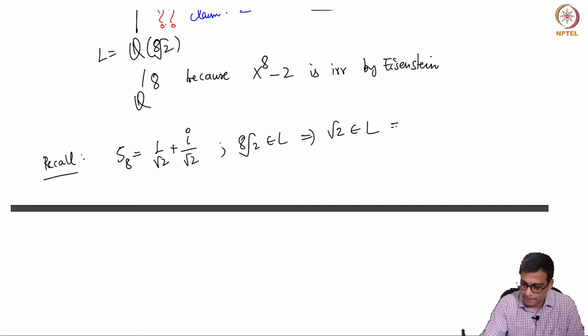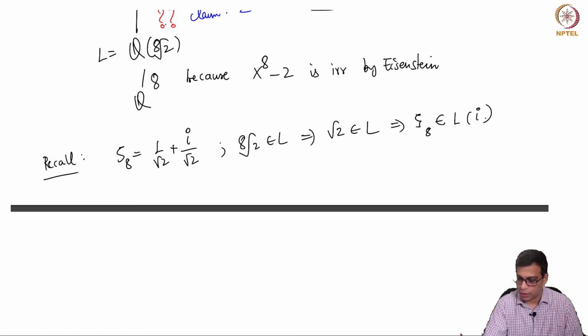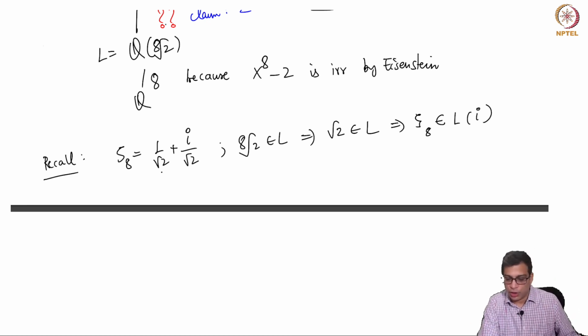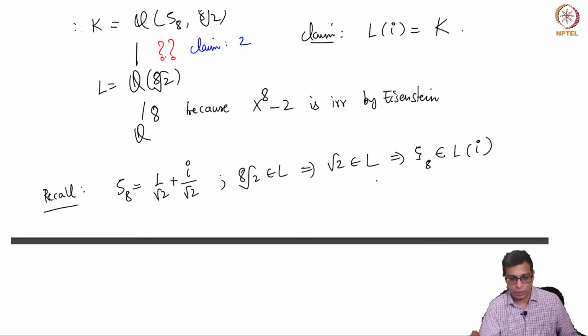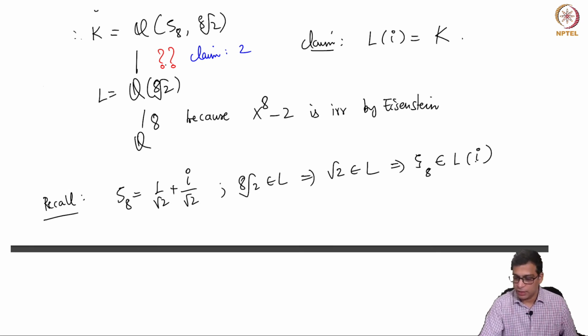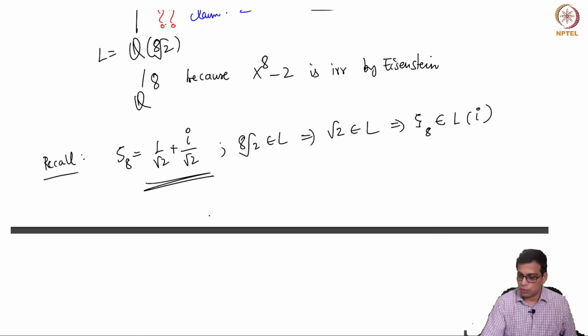That means zeta 8 is in L adjoin i, right? Because if you adjoin i, root 2 is already in L, so you can describe zeta 8 as a polynomial in i with coefficients in L exactly this way. So zeta 8 is in L adjoin i.